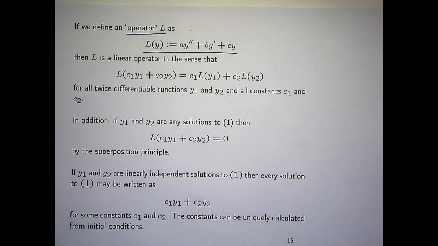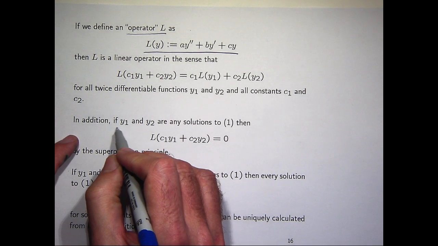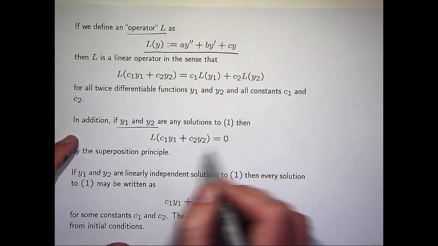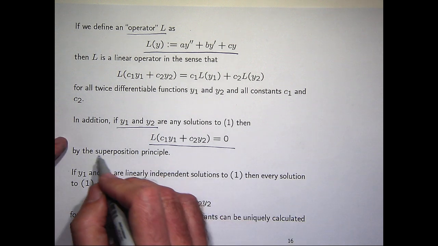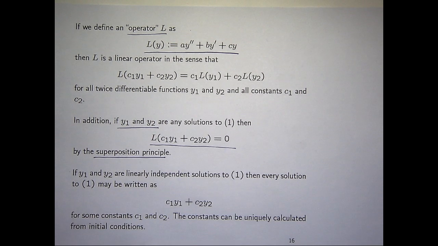This is a special operator known as a linear operator. Now, just to reiterate, if y1 and y2 are solutions to our ODE, then by the superposition rule, any linear combination of solutions is also a solution.